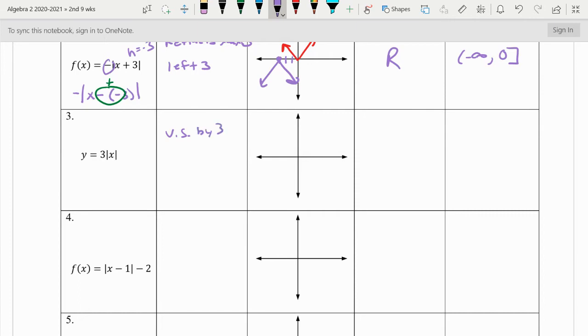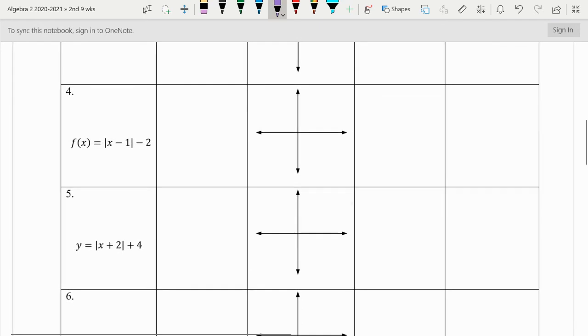Since you don't have any grid marks, I'm going to trace my parent function. It looks like that. If it's a vertical stretch, it's going to be pulled vertically, which means I'll have a much narrower opening. I'm just going to kind of exaggerate it, but there you go. It shows that it's been stretched. So all real numbers for the domain, and the range would be 0 to infinity.